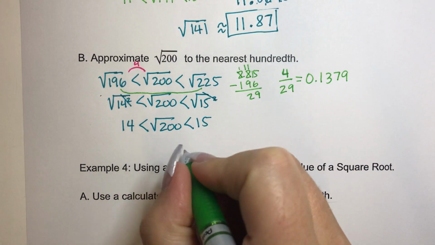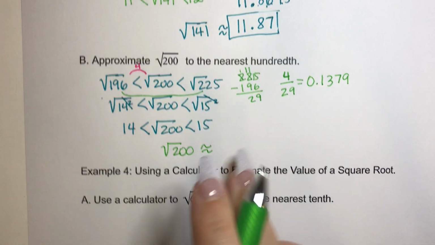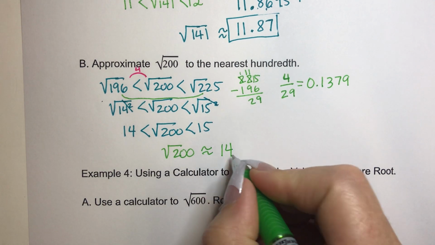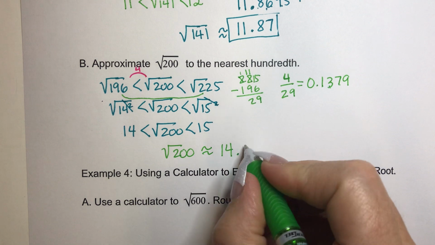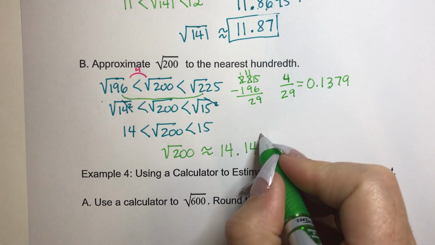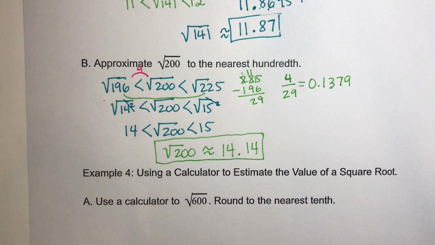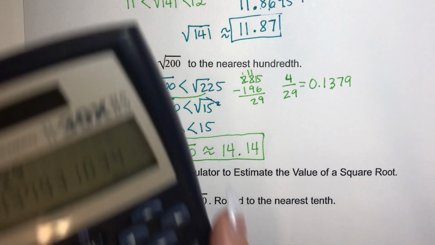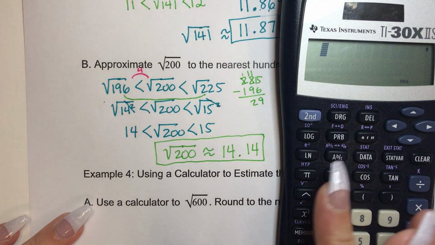So the square root of 200 is approximately, it's not equal, it's approximately 14 point, and we have to round to the nearest hundredth, right? Tenth, hundredth, that rounds it up, 14.14. So this would be our approximate answer. Let's go ahead and actually figure out what the square root of 200 is using our calculator and see how close our approximate answer is to the actual answer.